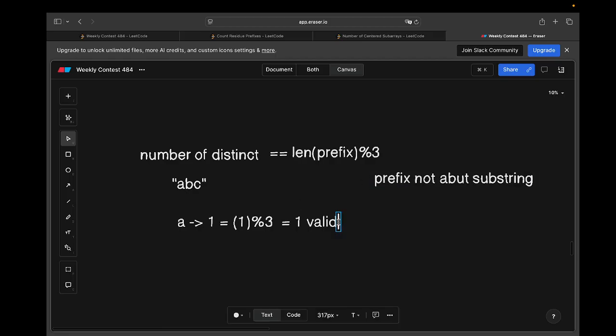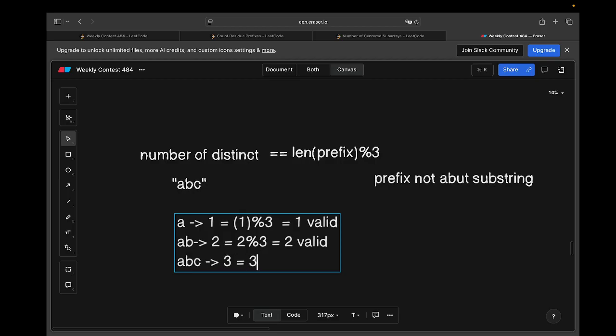Then let's move to the second one. The second is AB. It has two distinct characters, and 2 mod 3 is also 2, so which is also valid. And what about the last one, ABC? It has 3 distinct characters, right?